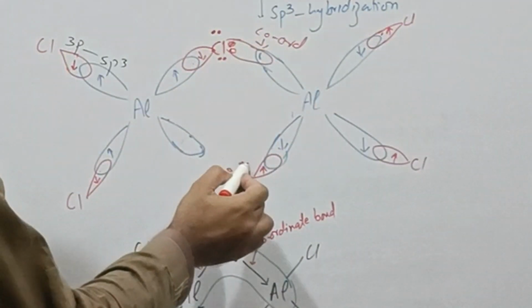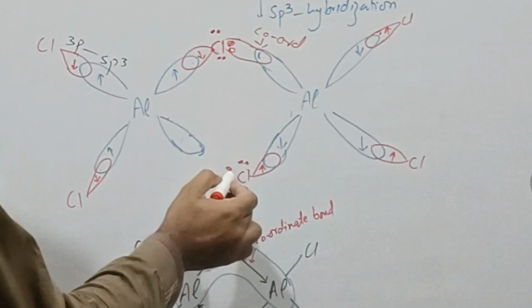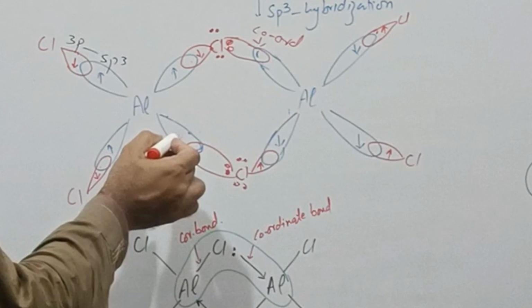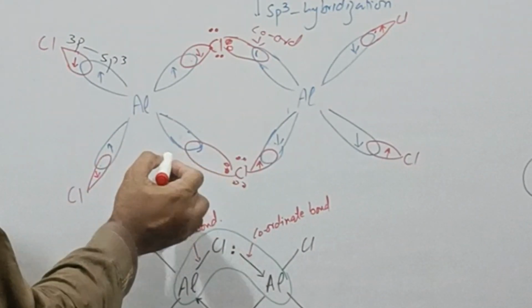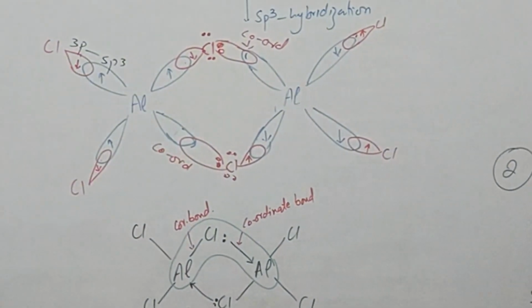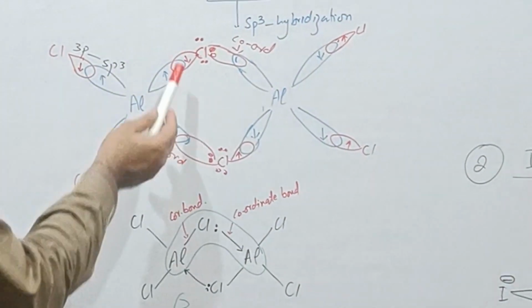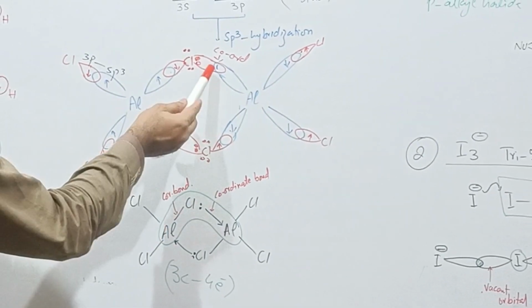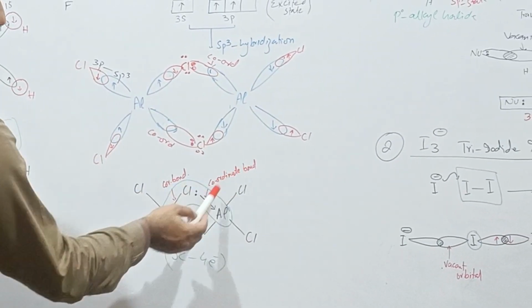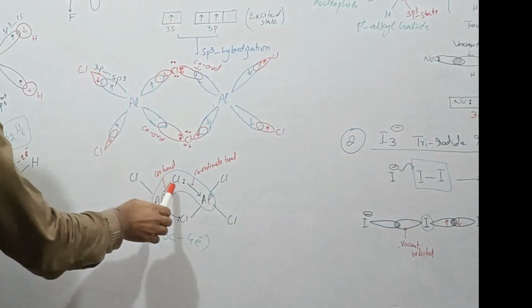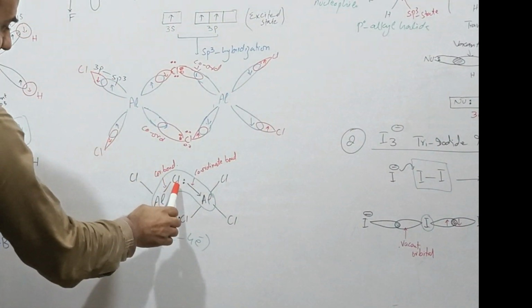Similarly, the orbital containing this lone pair overlaps with the vacant sp3 orbital of aluminum, and this is also a coordinate covalent type bond. So if we see this bond, this is a simple covalent bond and this is a coordinate type covalent bond.